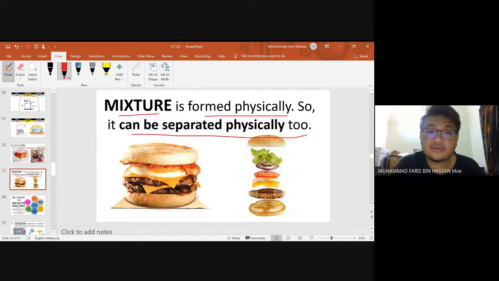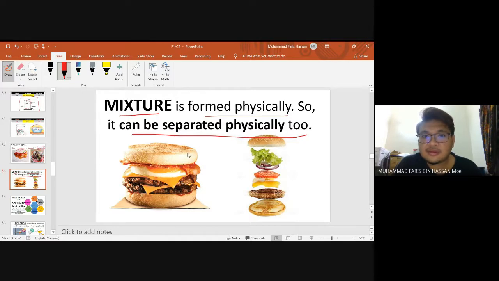As you can see through the picture, we have the double cheeseburger.